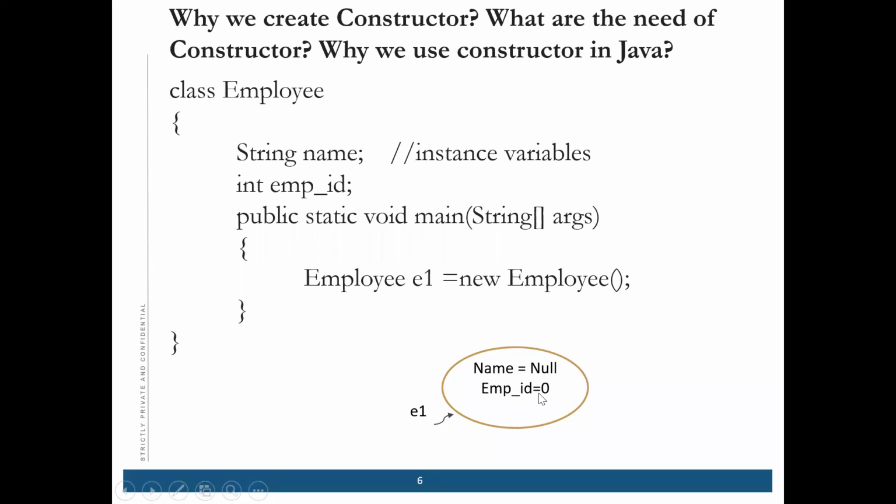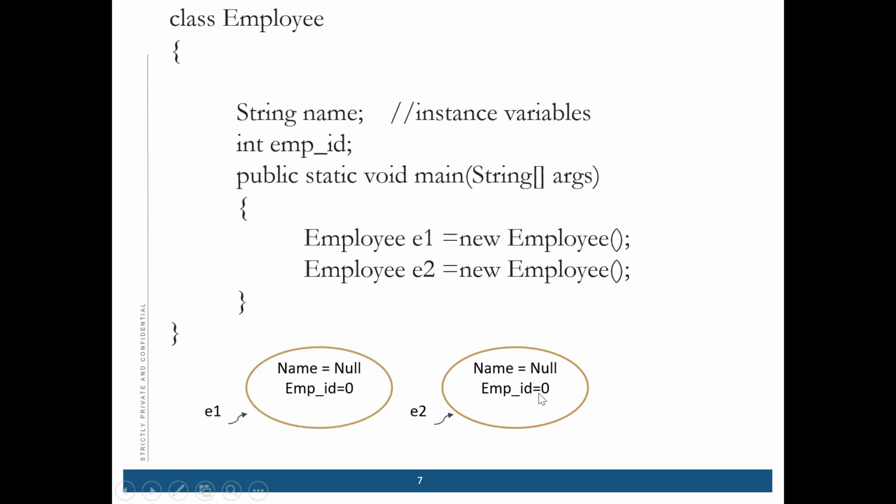Now suppose there are two employees. It will allocate two memories, E1 and E2 as two objects, and both have null values in them.